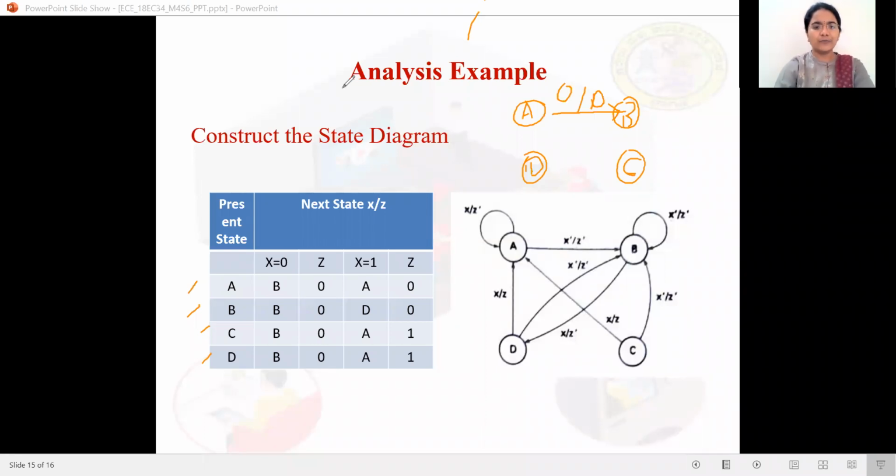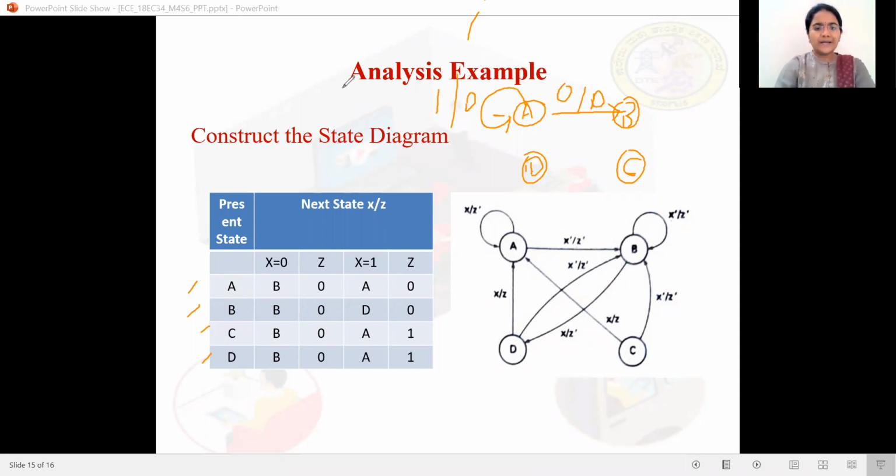Now, when it is in state A and x is equal to 1, it will be in the same state A, that is, x is equal to 1 and the output is 0.